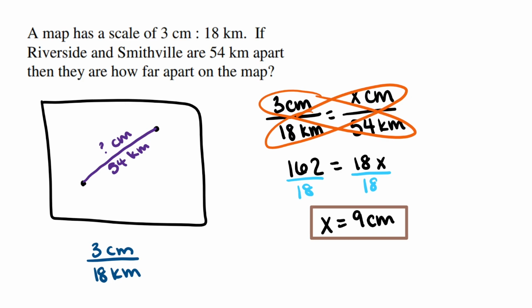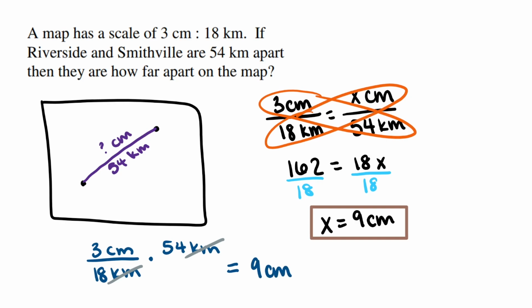Then you multiply by whatever is going to cancel out the value that you're given. In this case, we're given 54 kilometers, so we multiply by 54 kilometers. Our kilometers will cancel, and we're only left with centimeters. When we solve this, 3 times 54 is 162 over 18 is 9, and we're left with 9 centimeters.